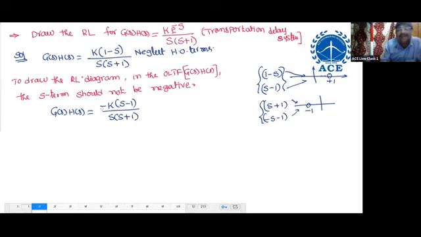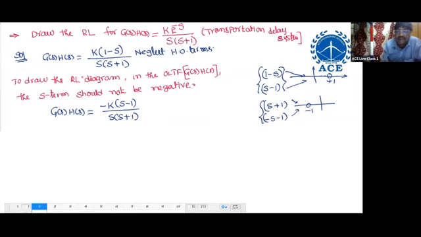Because of the minus sign, don't take the range of K from minus infinity to 0. Unless mentioned in the question, never take the range of K as minus infinity to 0. This minus sign we got because of the system.